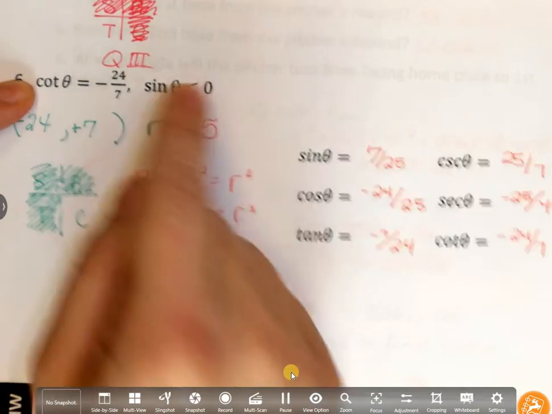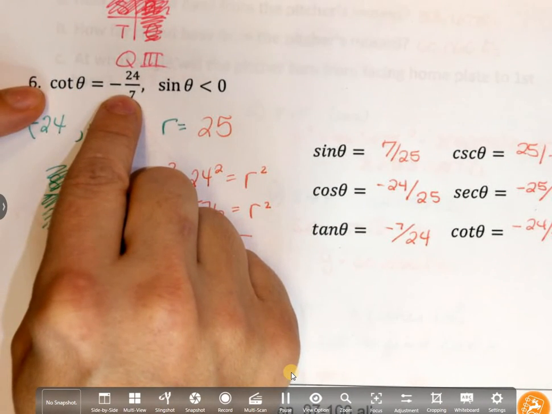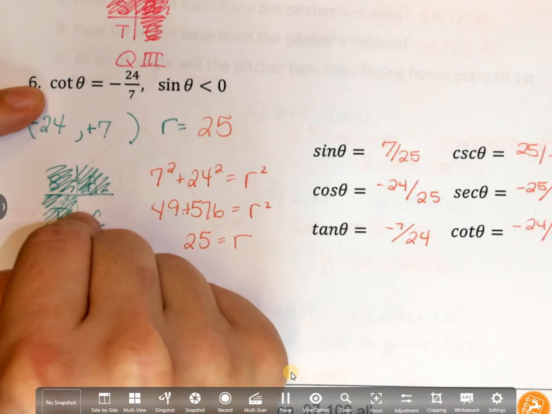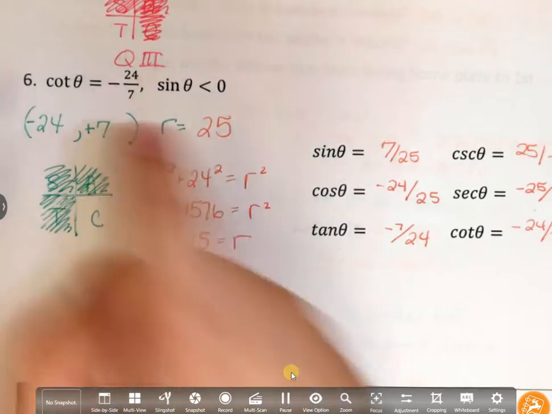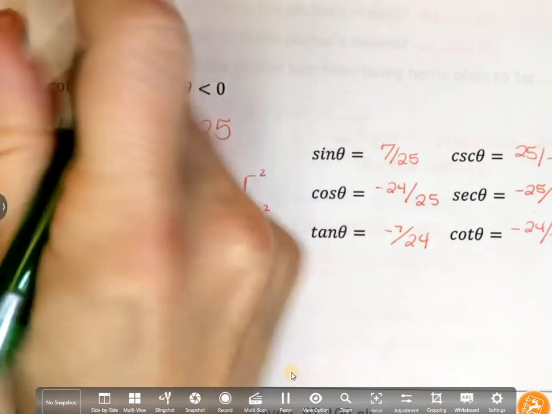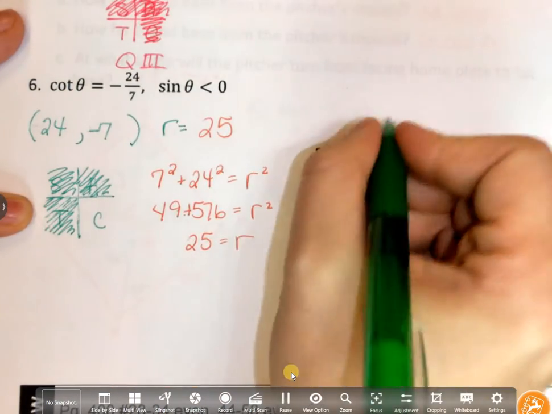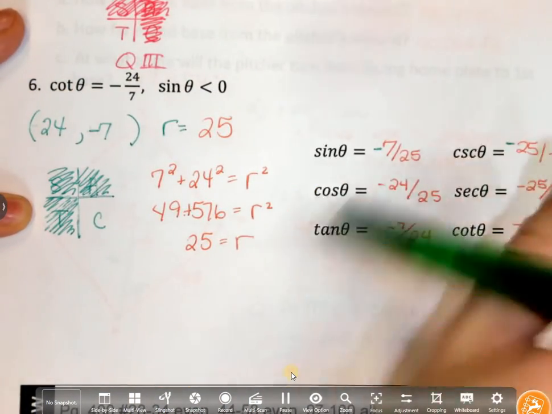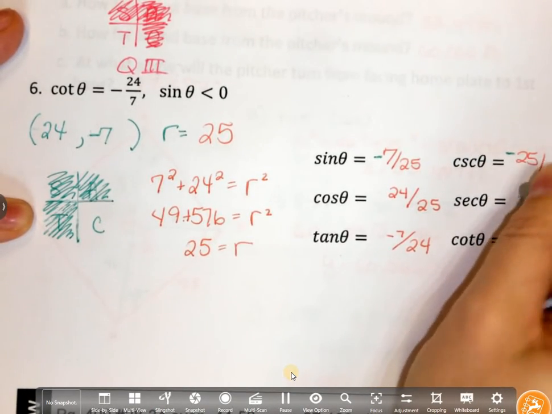Oh, it says sine's supposed to be. Thank you. So here, cotangent is negative. That should be positive. Thank you. Very good catch. Thank you for speaking up. That's the way that's supposed to be. So then this would be negative, negative. Those two are positive. Thank you.